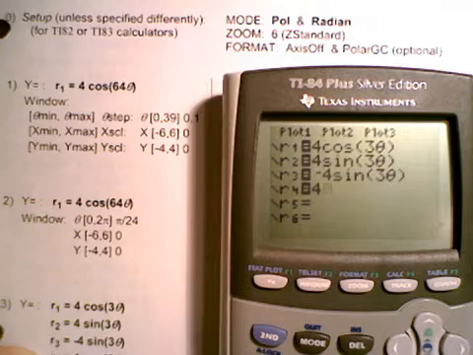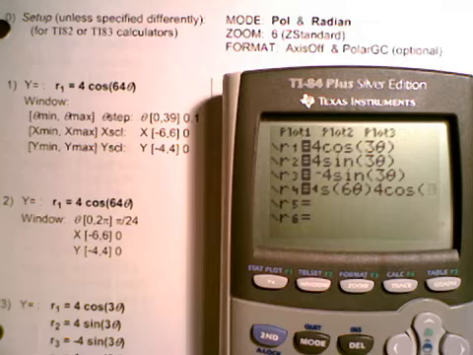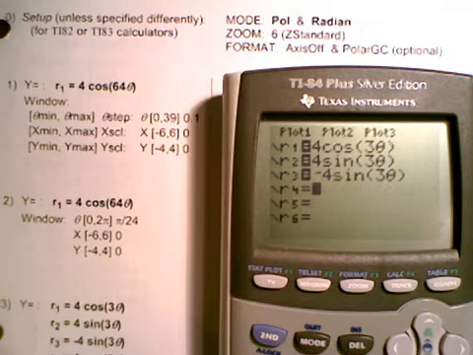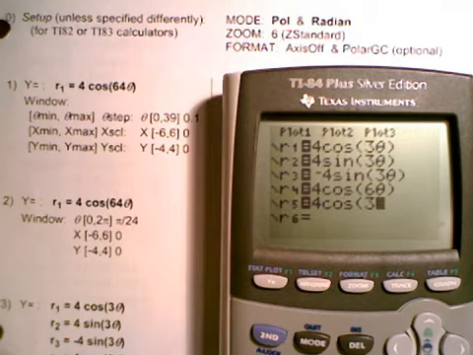R4, 4 times the cosine of 6 theta. R5, 4 times the cosine of 3 times, what did I do? Oh, I messed up on my R4. 4 times the cosine of 6 theta. R5, 4 times the cosine of 3 times the quantity, theta minus pi divided by 3.